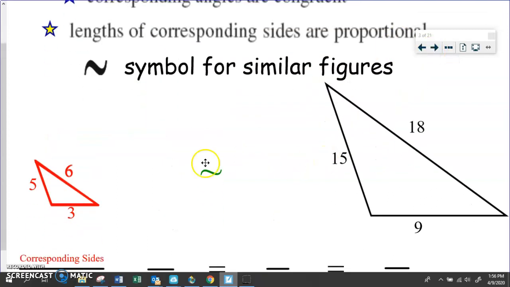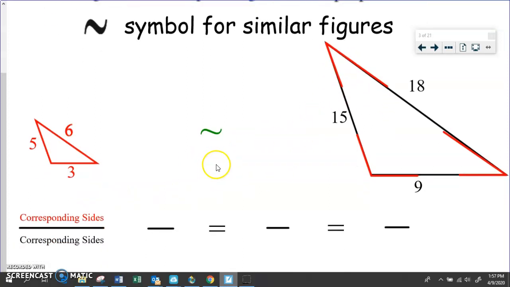So these two triangles are also similar. I can show you the angles again. All the pairs of corresponding angles are congruent. And all 3 pairs of sides are going to be proportional. So again, take the shortest side here, and the shortest side in this one.